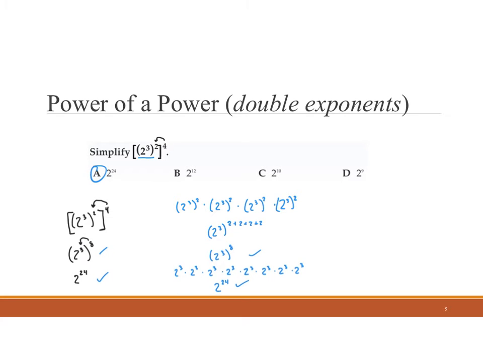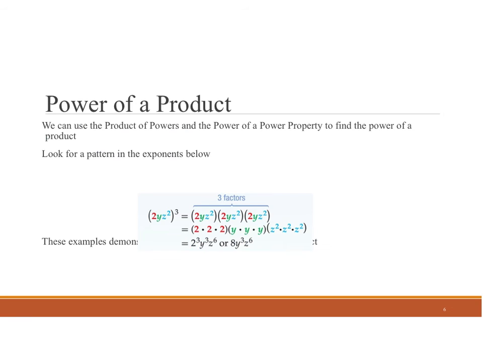Our answer is A. So now you know, no matter how many exponents you have, as long as it's from a power to a power, you start on the outside and you multiply in. The same logic works if you have multiple variables inside the parentheses. Because remember, an exponent is how many times you're multiplying the base by itself. So in this example, I have 2yz squared all cubed.